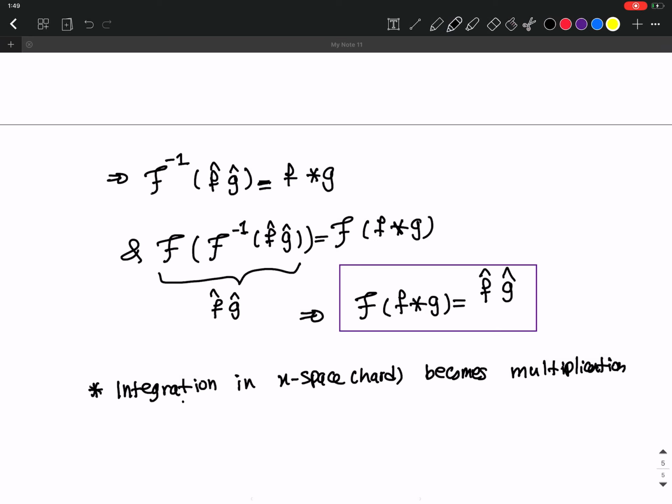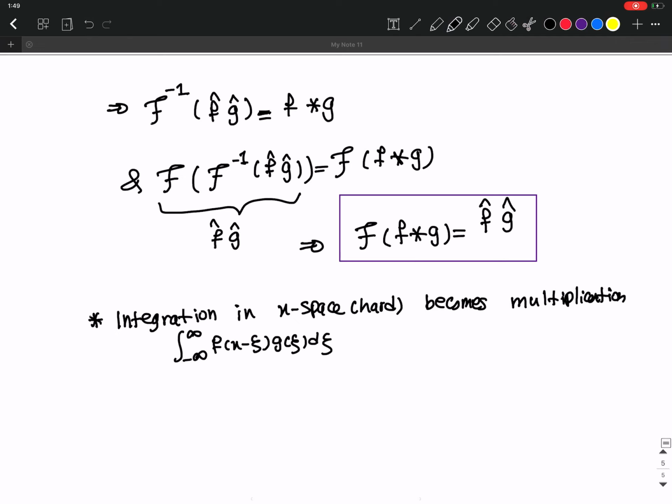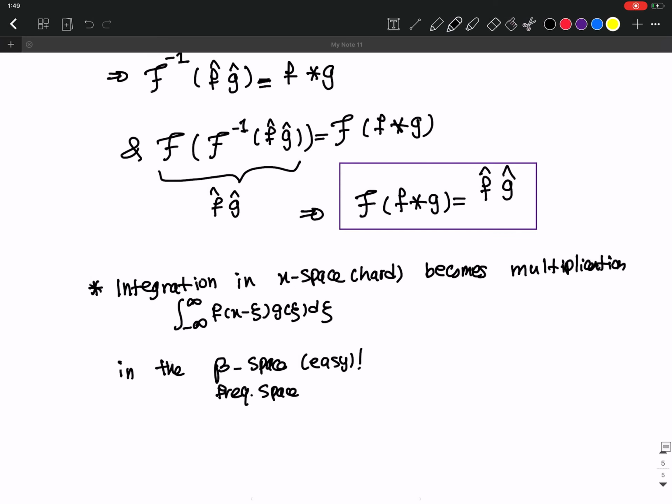By integration we mean this, for example, the integral from minus infinity to infinity of f(x minus xi) g(xi) dxi, which becomes multiplication in the beta space or frequency space, which is easy, right? And this is just f hat g hat, the multiplication.